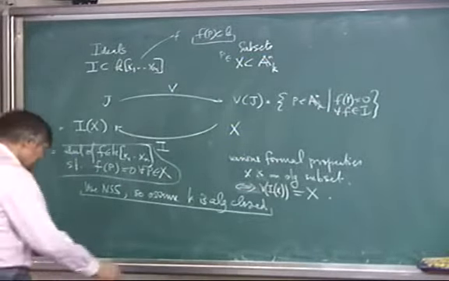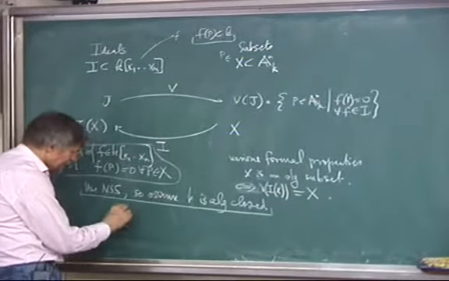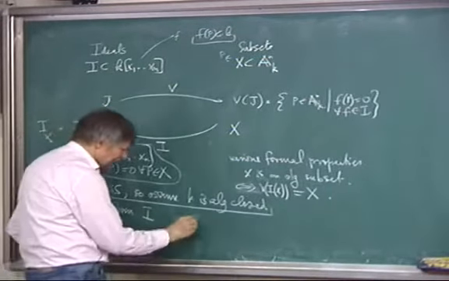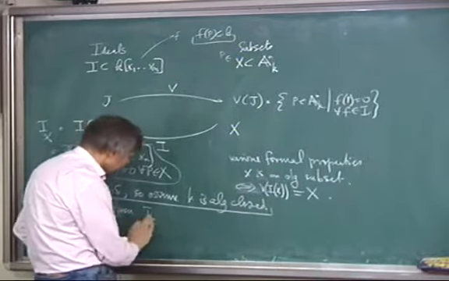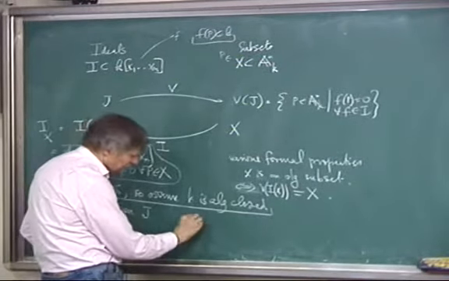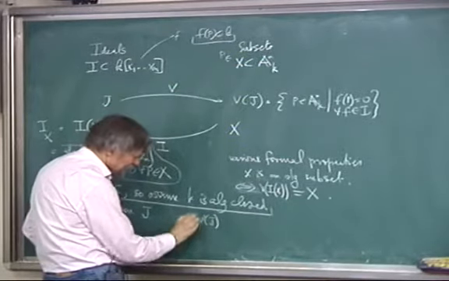And so from this point onwards, given a J, let's say, I can do V(J), and then I can come back, right?